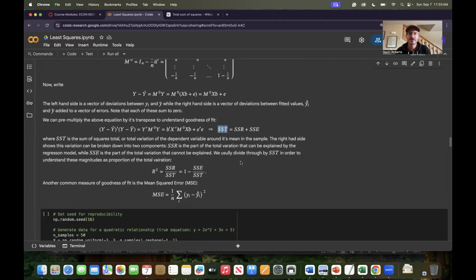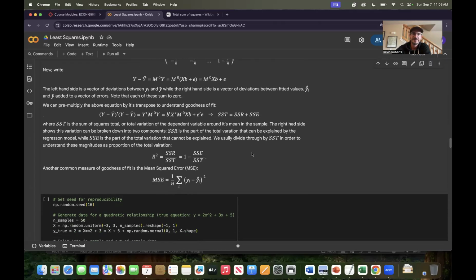We could never compare across different samples, though, because we don't have a relative comparison. And that's why we do R squared. We take what I can explain and divide by the total. That's why it's often a percentage, the percentage of what I've explained. If R squared is 0.85, my model explains 85% of the variation in the data.